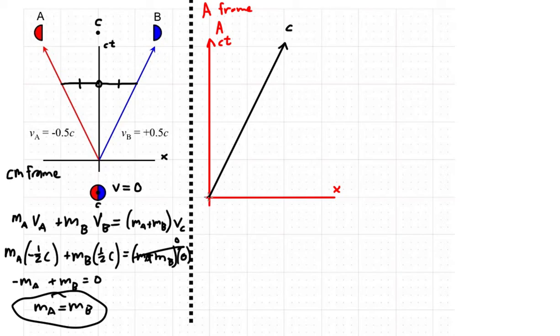Well, the angle of the x-axis of C is the reciprocal of its velocity. So this here is x for C. And what that means is we have to draw these things parallel to this line, okay?